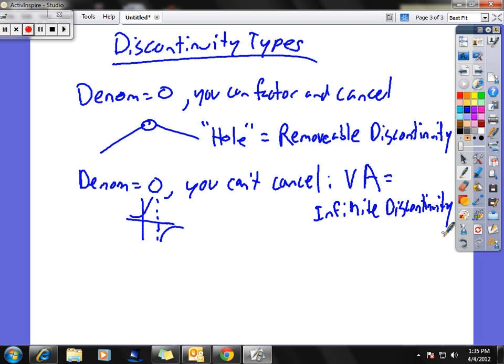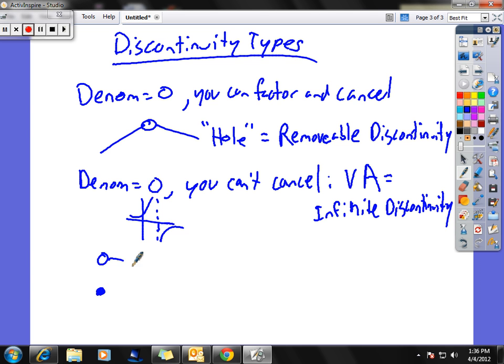Okay. All right, so a hole is a removable discontinuity. A vertical asymptote is an infinite discontinuity. And what was the other thing that you can't have for continuous? A jump. Okay. You guys know what a jump is.